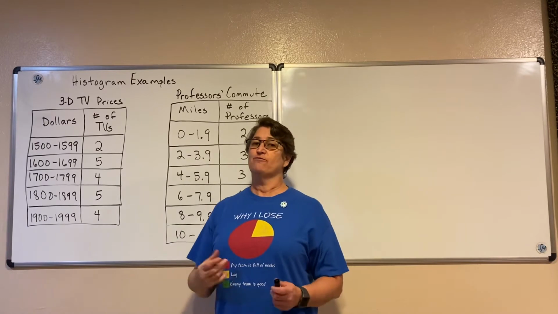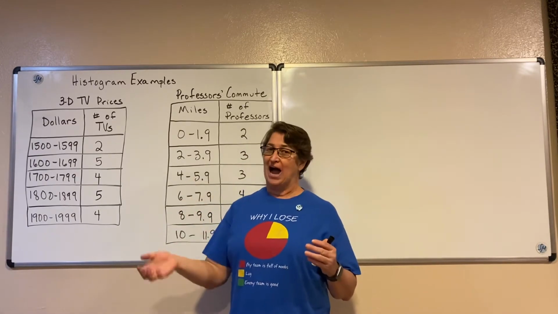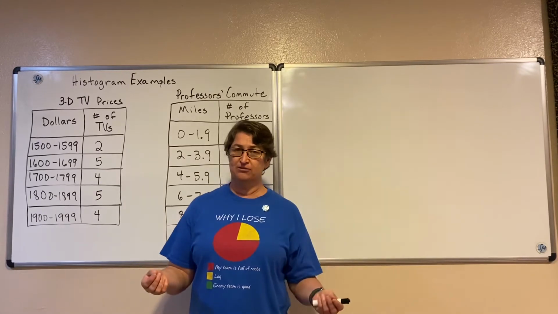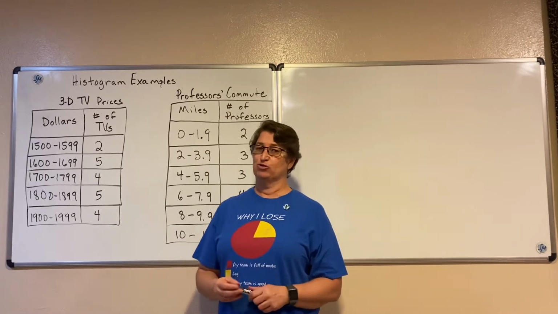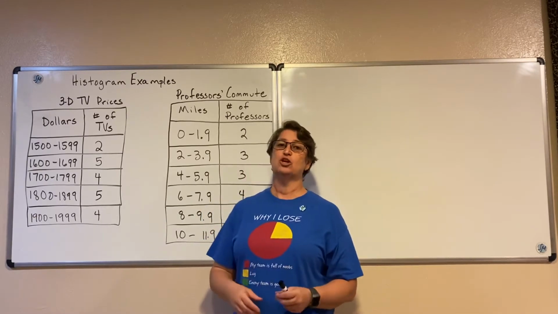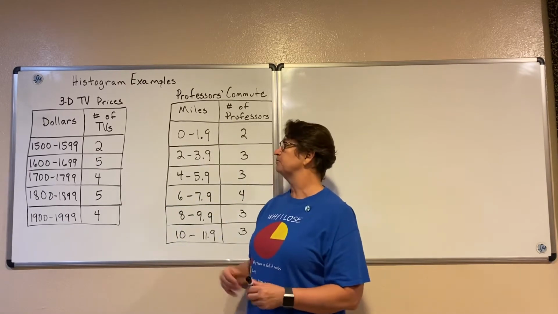Remember that in order to find that width, we first found the range, our highest data value minus our lowest data value, and we divided by the number of classes or bins we were going to have. Again, you can look at that in the same place where we did our frequency tables.